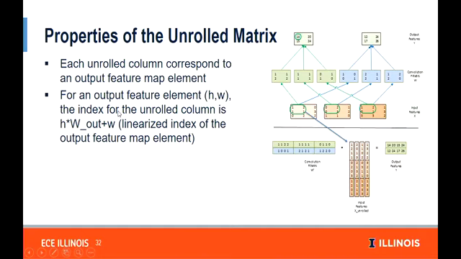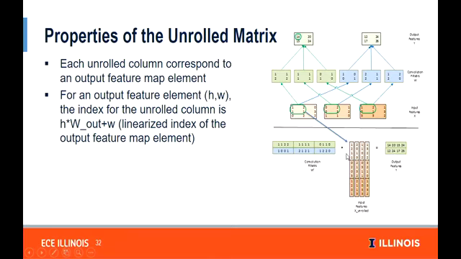The index for the unrolled column is going to be just a linearized index of HW. So it's going to be just H times W out, this is the width of the output feature map, plus W. So this is the linearized index in the output feature map, but that also gives you the index into one of these columns.